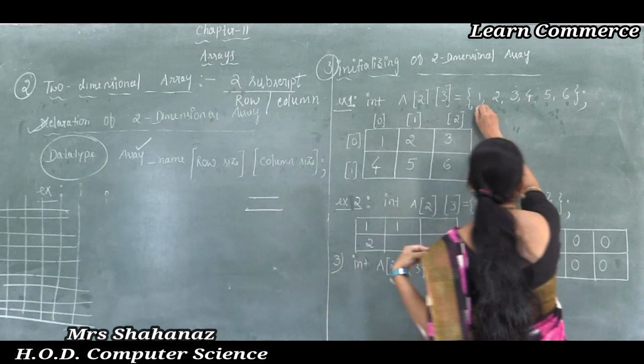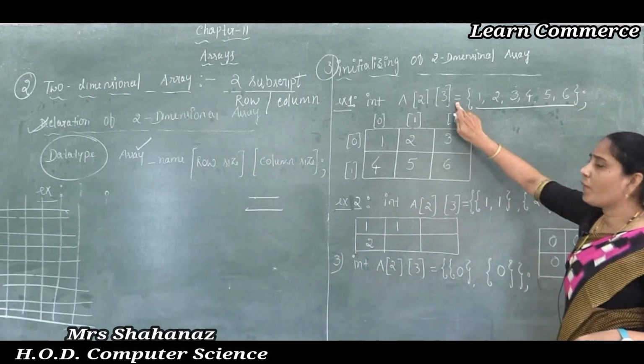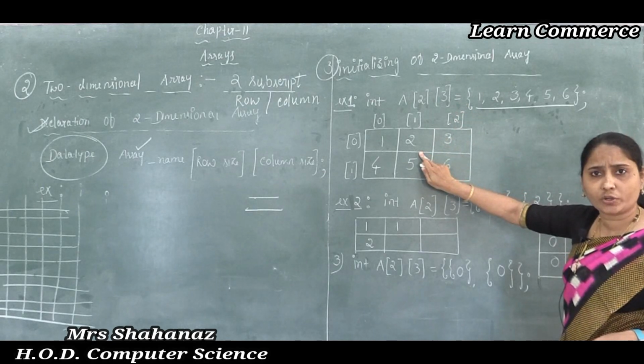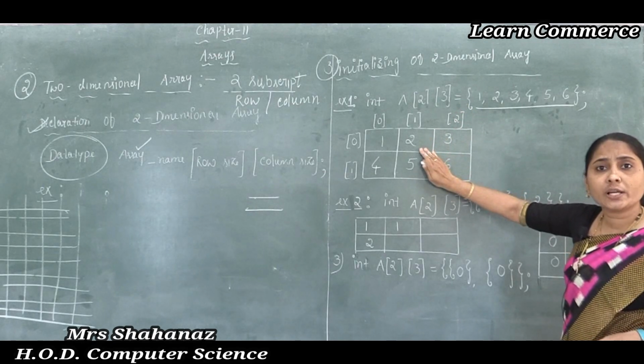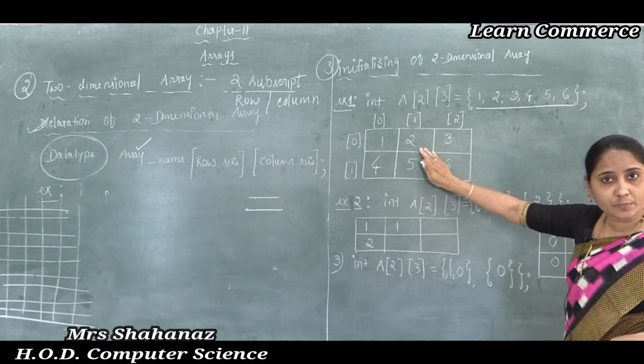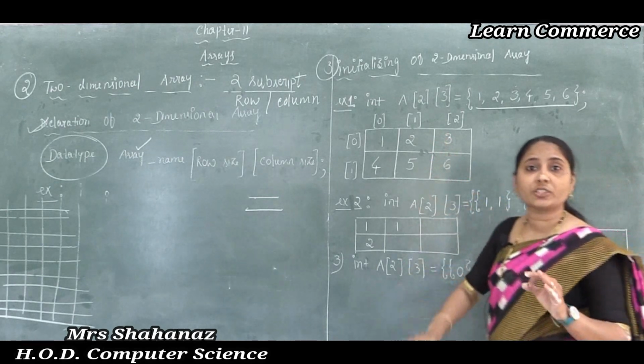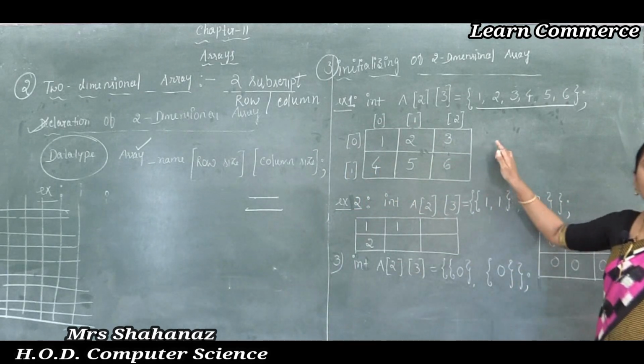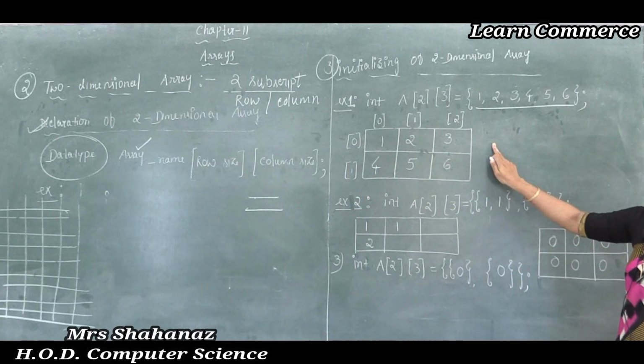Whatever elements are there after the equal sign, now just the structure of such elements. So this is the structure of the array here. Clear this point? This one is the structure of the array in this case. So how are we going to do the structure of the array after the initialization?